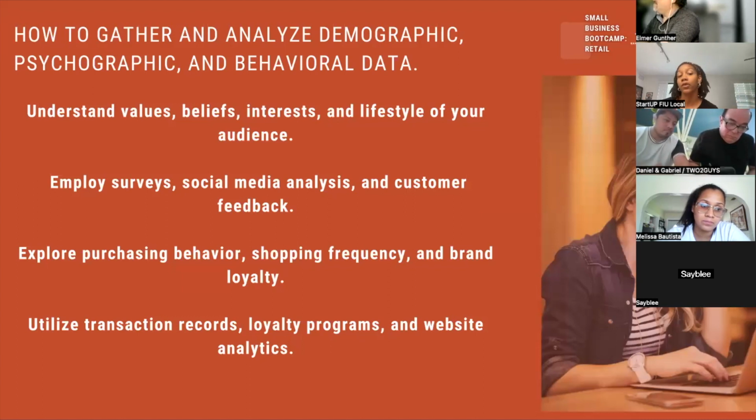You can also explore the purchasing behaviors and shopping frequency of your brand and who you have generated brand loyalty with. You can also utilize your transaction records if you have a loyalty program, and if you have a website, you can track the traffic from there to give you more information about how your audience behaves. All of that information can be combined to create these different buyer personas for your audience.